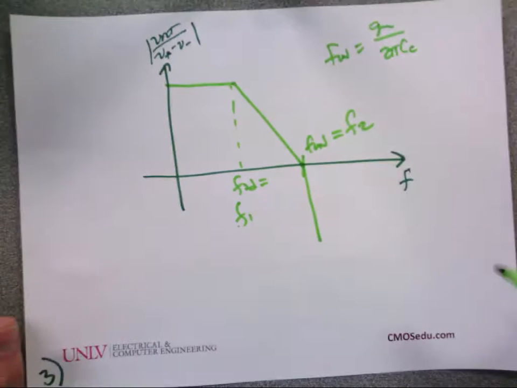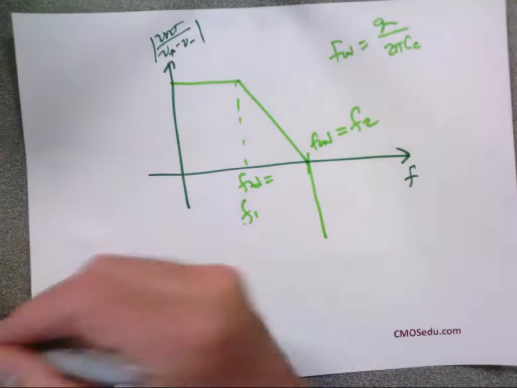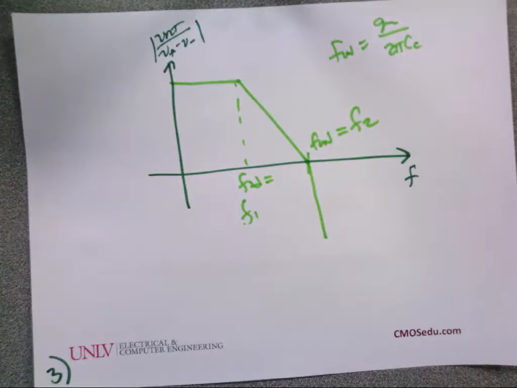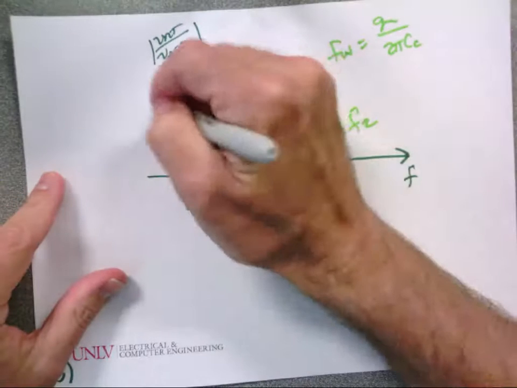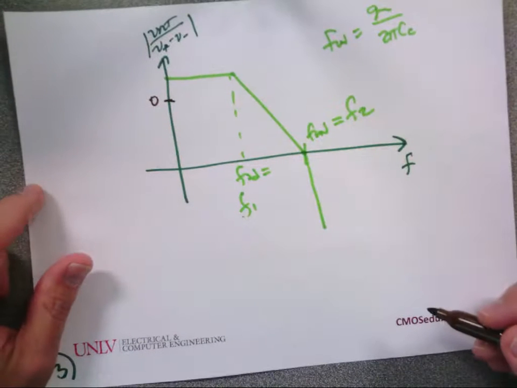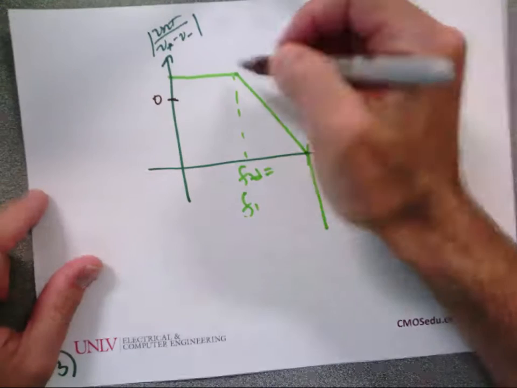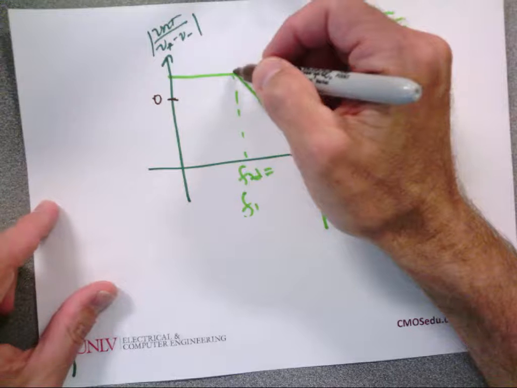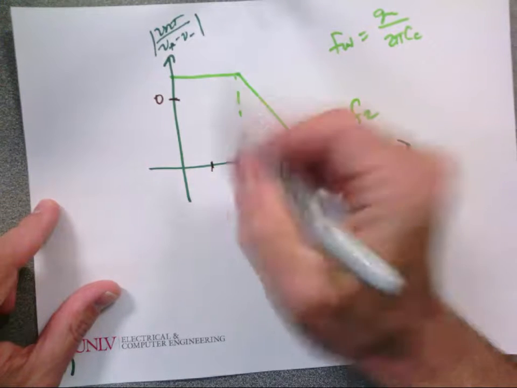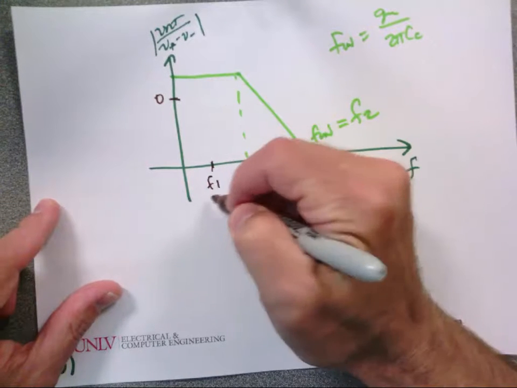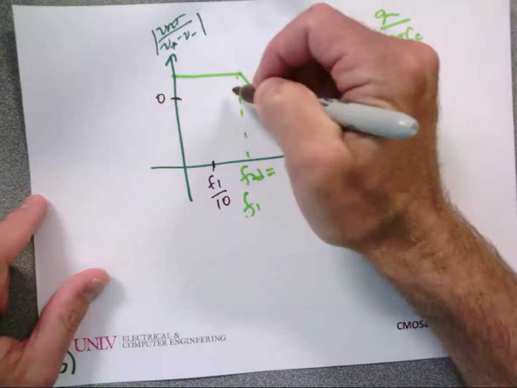So now, if I look at this and I ask, what's the phase shift? And let's do that in brown. At low frequencies, let's just say the phase shift is 0. However, 1 decade above the 3 dB frequency, which means 10 times, we start to roll off.